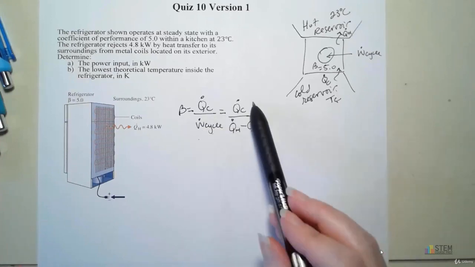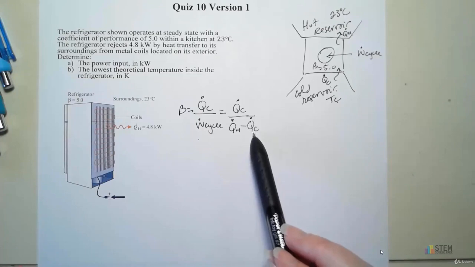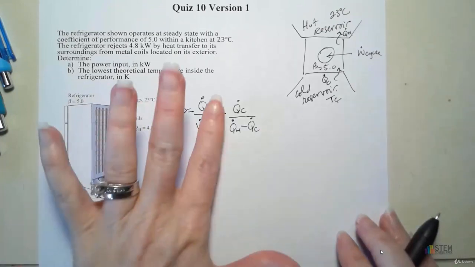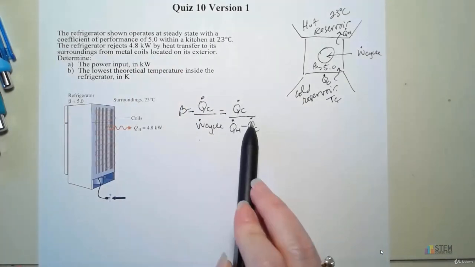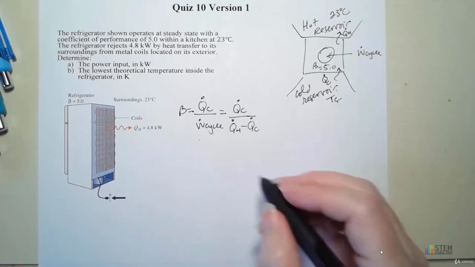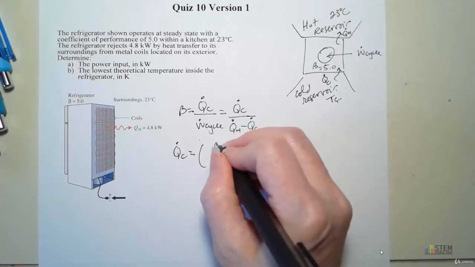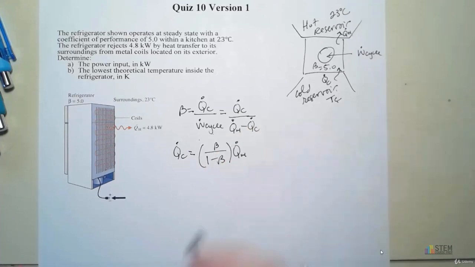So let's use this equation here to find QC dot. Basically forget this middle piece here. Just say beta equals this, and then we'll solve that for QC dot. QC dot then is going to be beta over 1 plus beta times QH dot after some algebra.